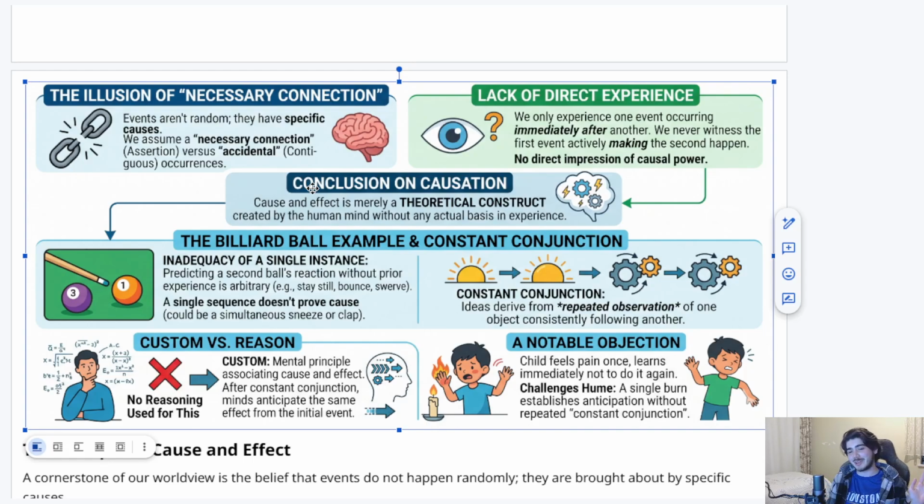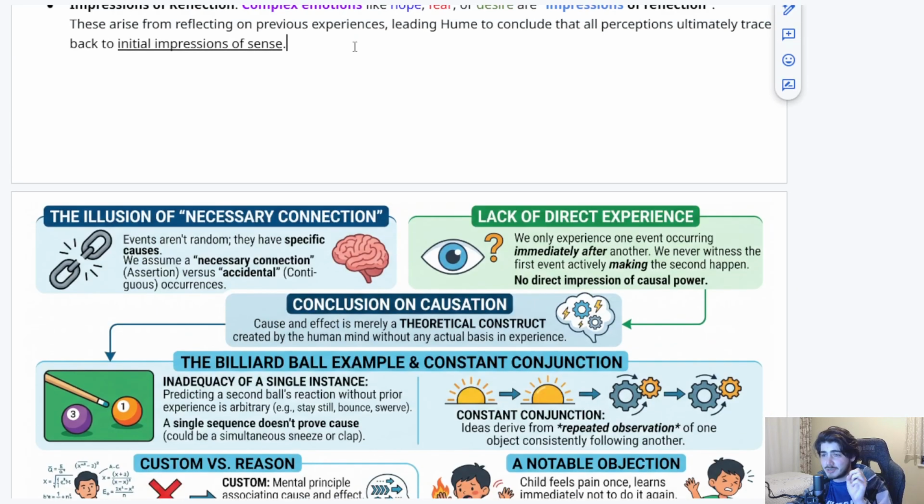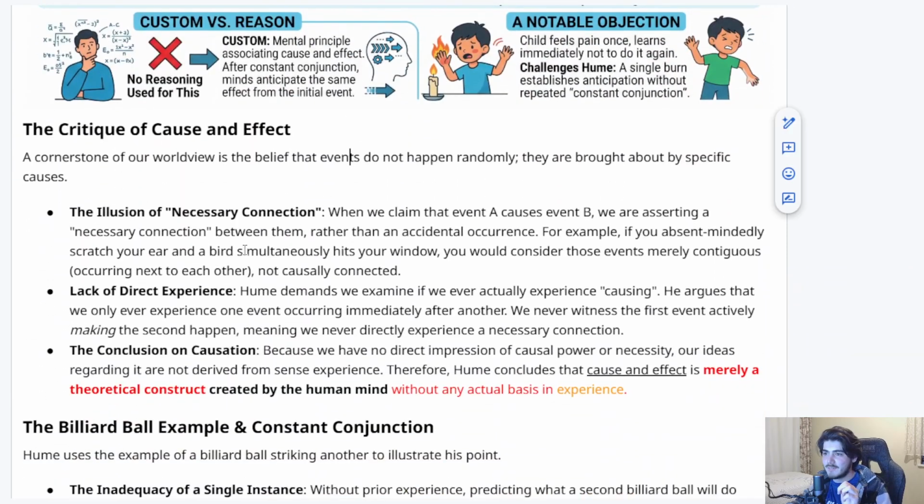You're at the casino, you were scratching your chin, ding, ding, holy shit, me scratching my chin caused me to get a jackpot. No, that's just something that happened. This is a contiguous occurrence, as he calls it. These are not causally connected.